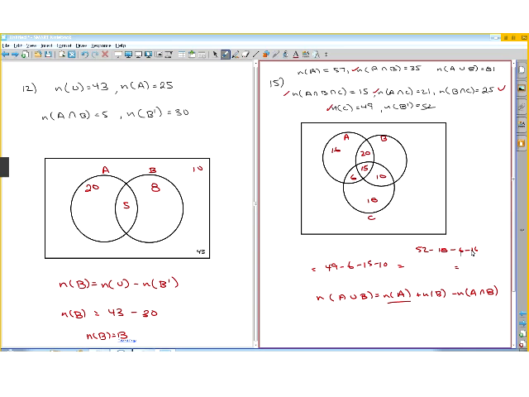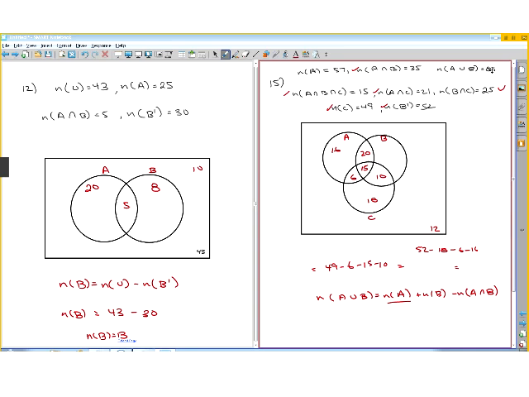Then we subtract another 10 more, which would be 18, and another 6, which would be 12. So this one's 12.